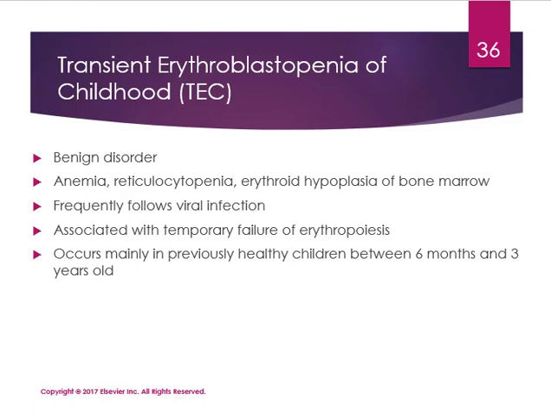Now let's talk about transient erythroblastopenia of childhood, or TEC. It's a benign disorder that really doesn't have a cause, that occurs in the first few years of life, but usually after the first year. It's characterized by anemia, low reticulocyte count, and erythroid hypoplasia in the bone marrow.